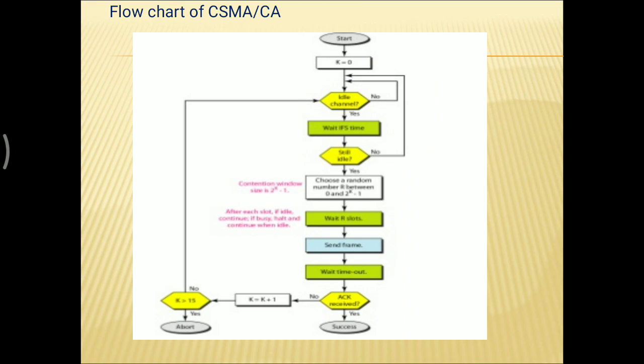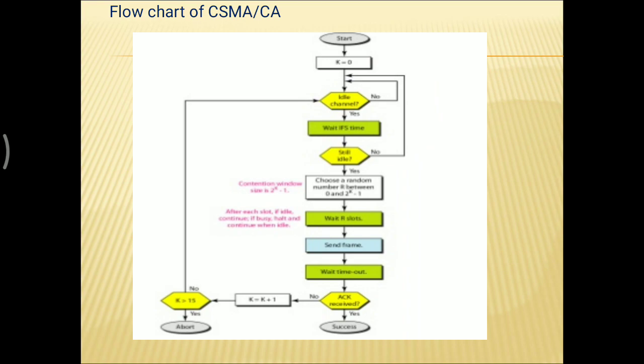But in CSMA-CA, we are not sending any jam signal. While sensing the medium the first time, if it is free, we do not send the frame immediately; we wait for some amount of time, and after that we sense again. That means the second time we sense the medium whether it is free or not.